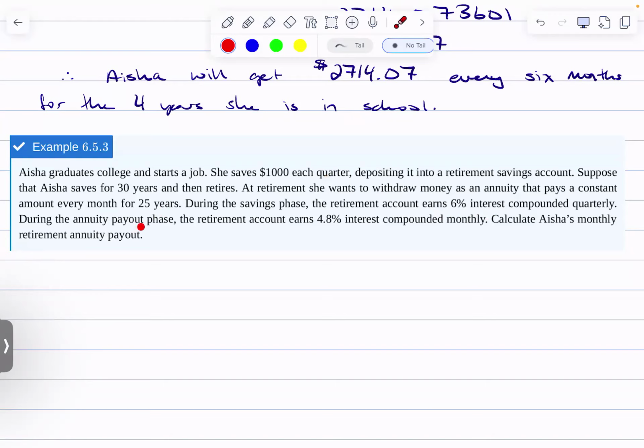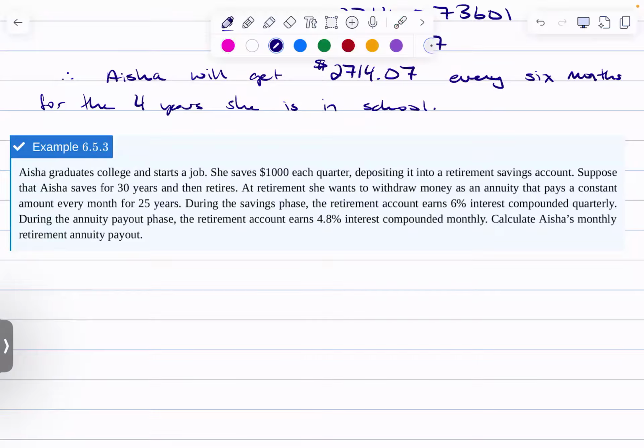And during the annuity payout phase, which we'll call phase 2, the retirement account earns 4.8% interest compounded monthly. Monthly is good because she wants monthly payments. And calculate Aisha's monthly retirement annuity payout.